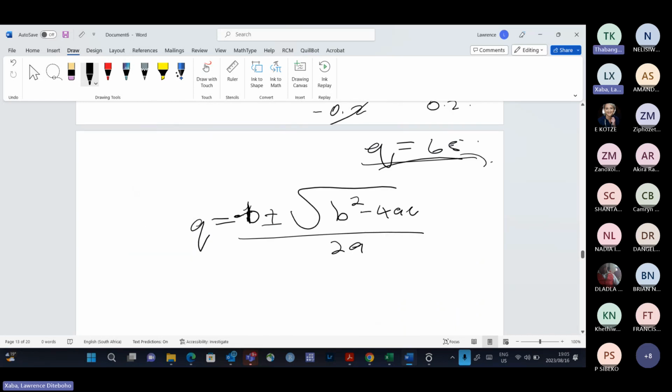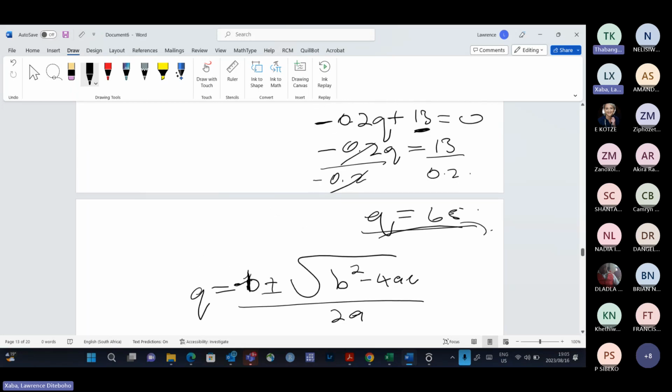Our equation is TR equals negative 0.2q squared plus 13q. If you look at this equation, we have a and b, but we don't have c, because c is our intercept, but it's fine.